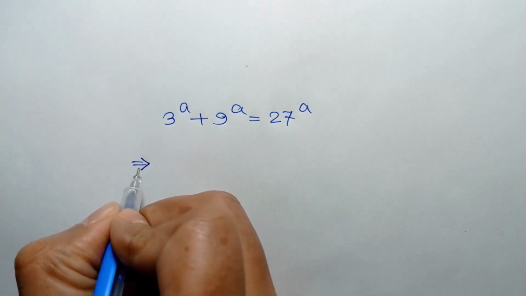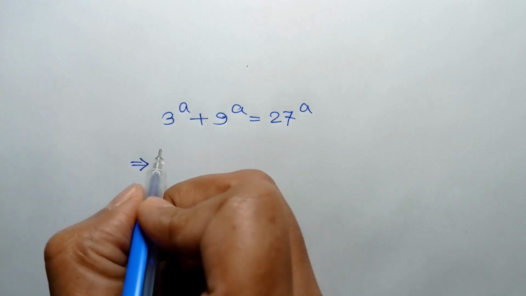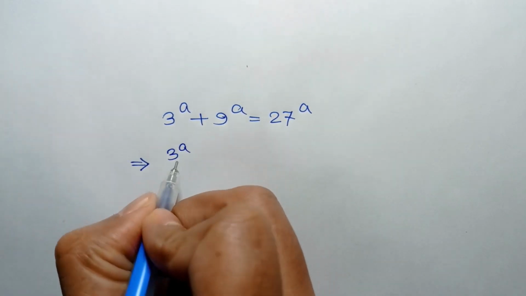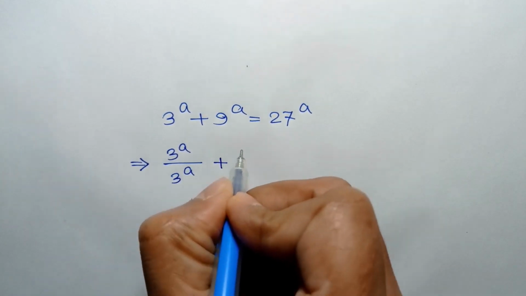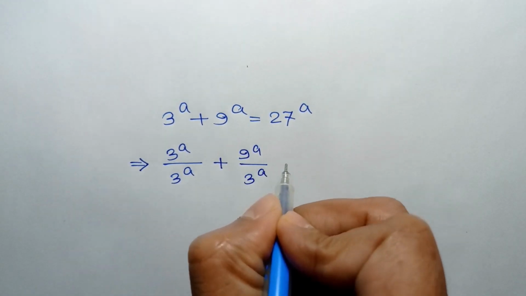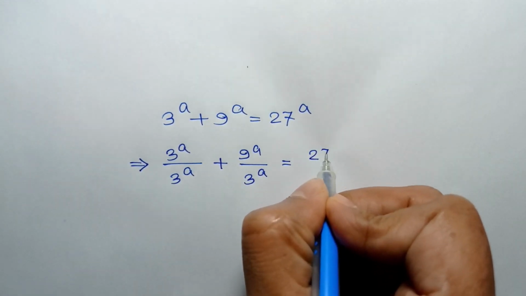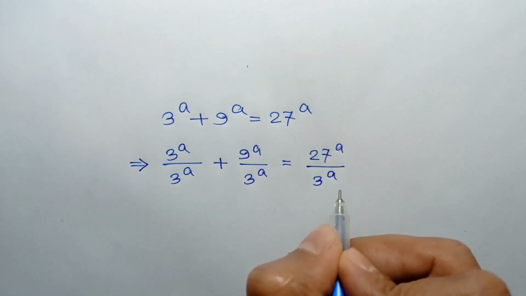Dividing both sides by 3 to the power a, we can write 3 to the power a over 3 to the power a plus 9 to the power a over 3 to the power a is equal to 27 to the power a over 3 to the power a.